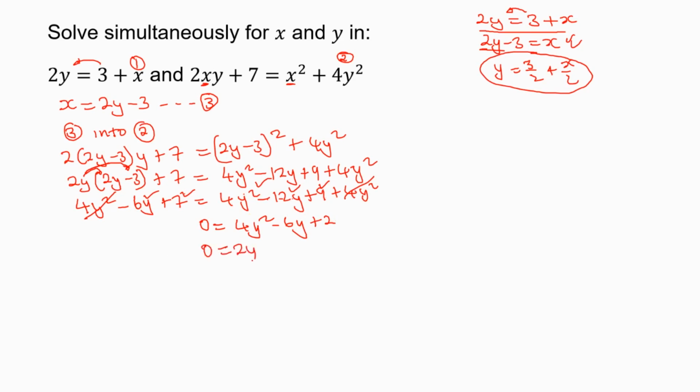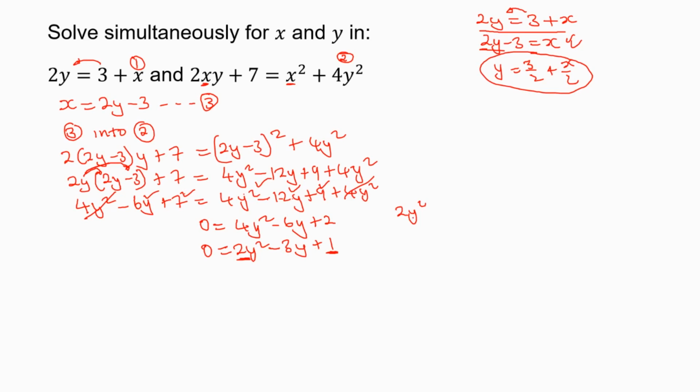0 is equal to 2y squared minus 3y plus 1. And then what do we do? We say 2y squared times 1, we get 2y squared. And then we look for the factors of 2y squared that will give us negative 3y.